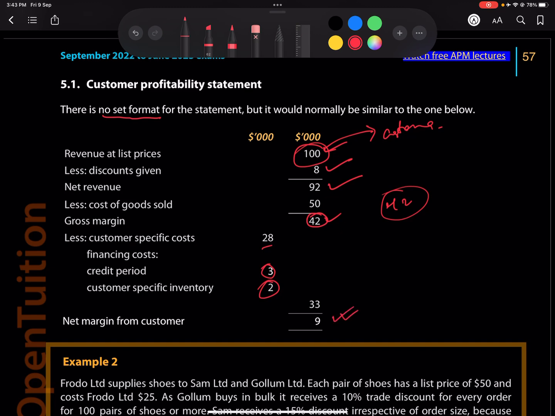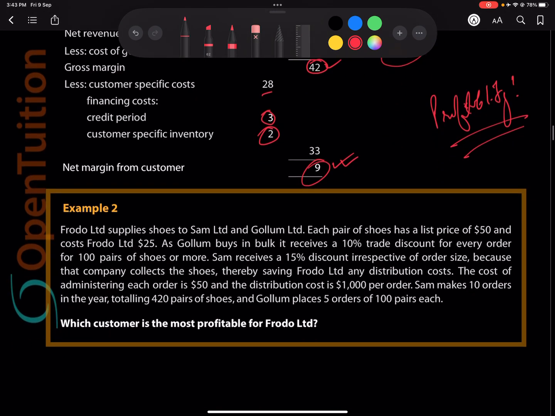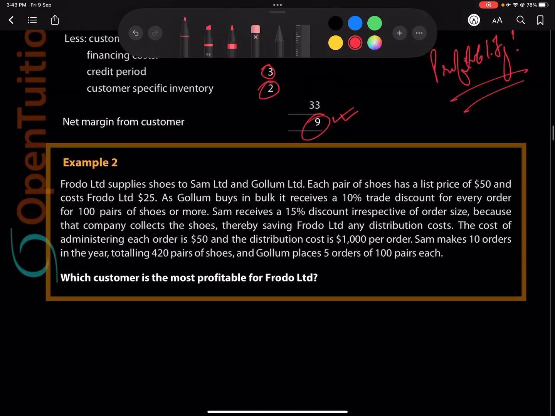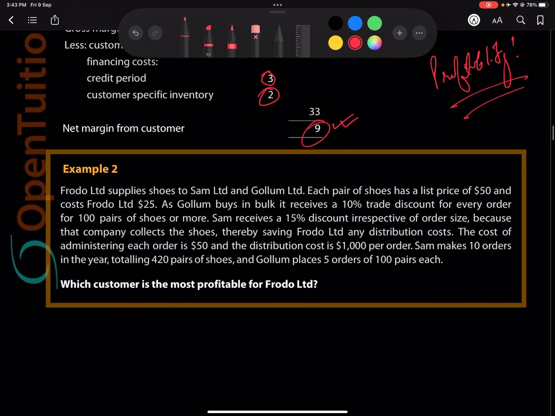All of this can be calculated at a customer level, so we will know which customer is profitable, and if not profitable, we can charge them extra.